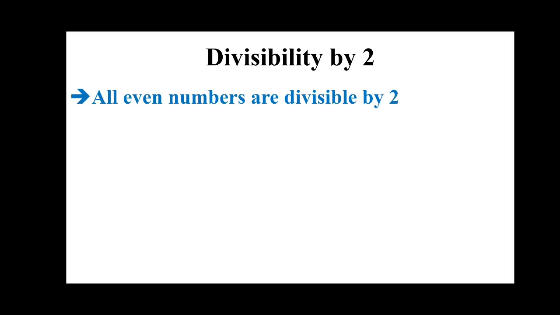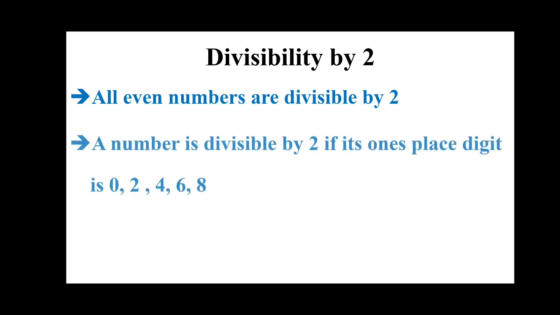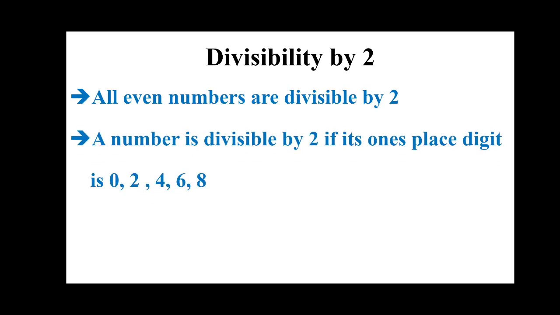Can you say what is even number? Yes, multiples of 2 are called even numbers. A number is divisible by 2 if its ones place digit is 0, 2, 4, 6 and 8.